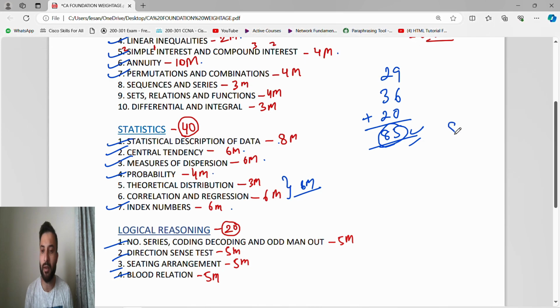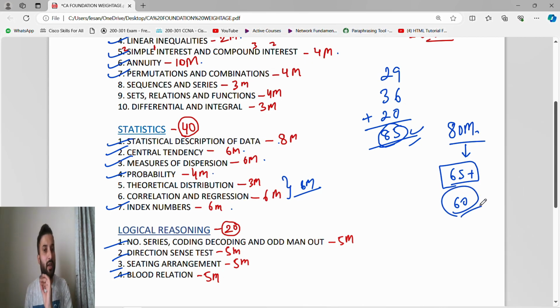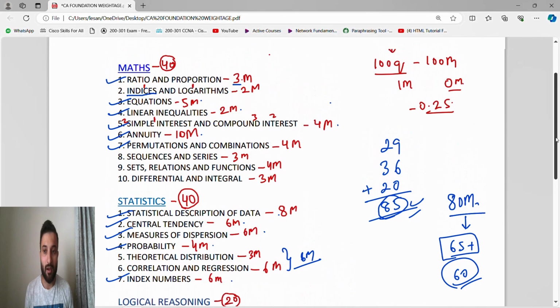If not 85, let it be 80 marks only, because if you practice those 80 marks properly, you can reach 65 plus. At minimum you can reach 60 plus, and you will clear the paper in the first attempt only, and very easily. So stick to me, that's it. No need of going here and there. I will give you the assurance.